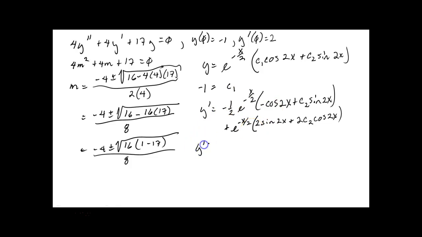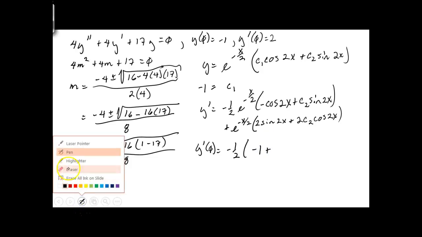And y prime, when x is 0, this e to the 0 is 1. So you have a minus 1/2 times cosine of 2 times 0. Cosine of 0 is 1. So that'll be a minus 1 plus, and sine of 0 is 0, so that doesn't contribute anything.